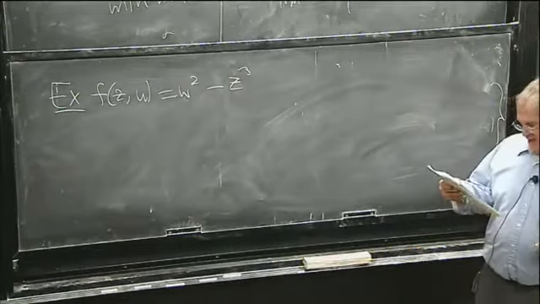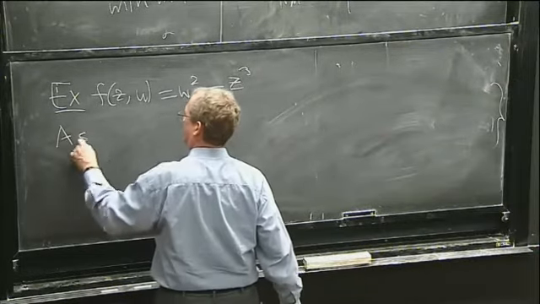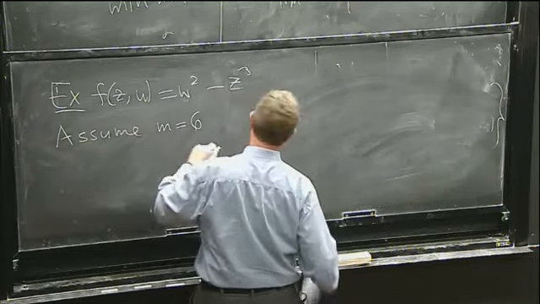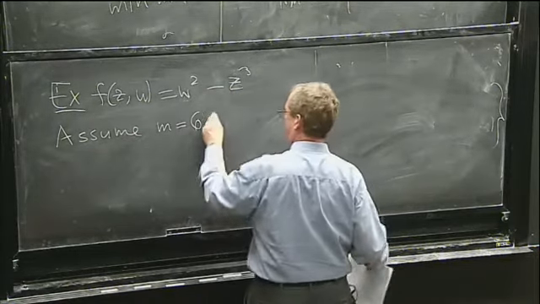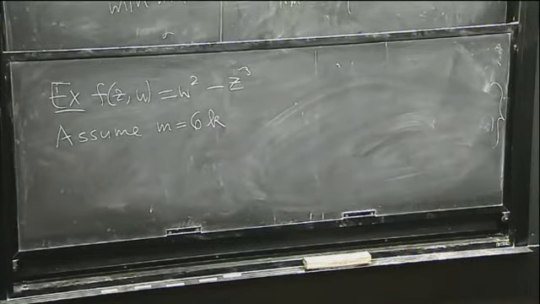Let's assume for simplicity that m is 6 times some other integer, k. That makes the computations easier. I'm not going to claim to write down all the solutions, but I'll write down a lot of solutions, and then I'll assert with some conviction that this is the dominant number.